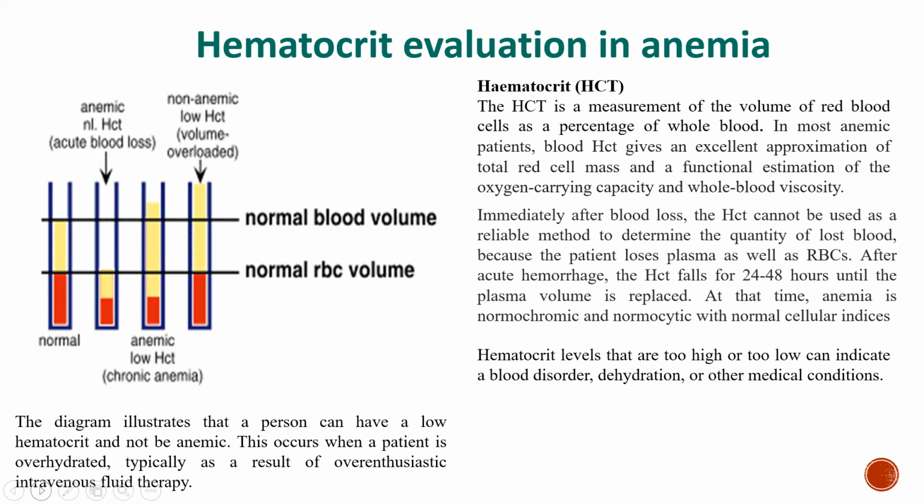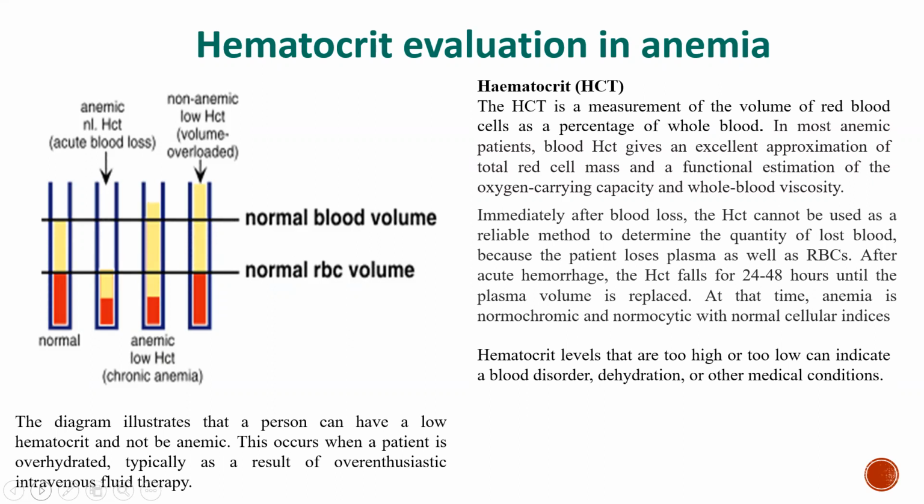The diagram on the left side of the slide illustrates that a person can have a low hematocrit and not be anemic, for example, in case of hydration. This occurs when a patient is overhydrated, typically as a result of overenthusiastic intravenous fluid therapy.